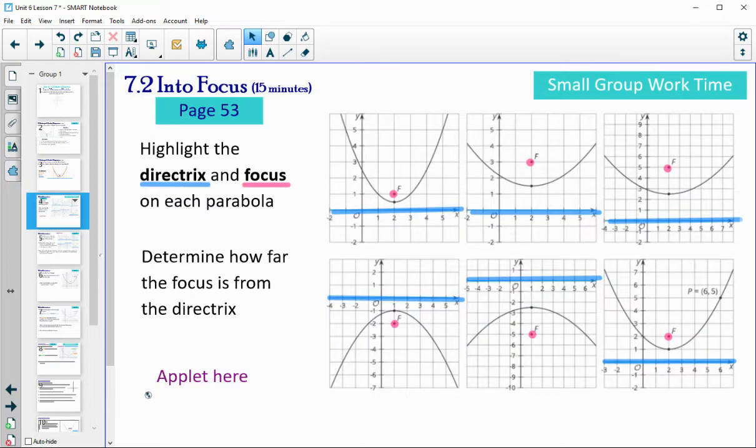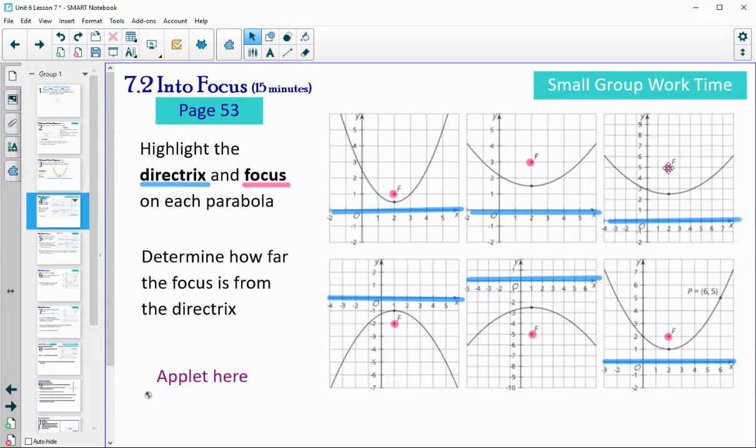All right, then on page 53 in your book, let's take a look at these images. So first thing I want you to do is highlight the directrix in each image. And then I would like you to highlight the focus. So the directrix in each image here is the x-axis. So just highlight that.